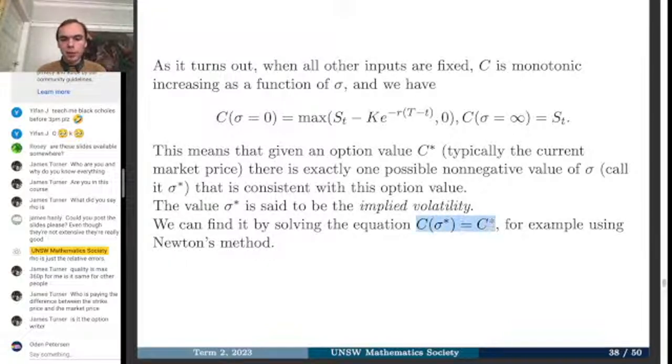And so we end up with this equation for implied volatility, where we take the market price and we solve the Black-Scholes model, given all the details, including the unknown volatility. We solve this equation and we can compute the implied volatility using any sort of root finding algorithm. Could be Newton's method, could be bisection, secant method, something else.